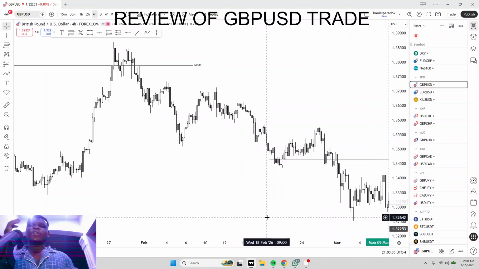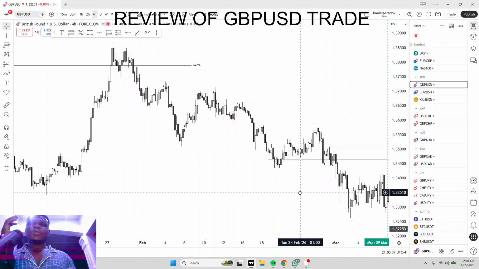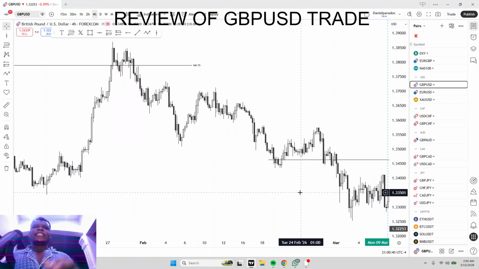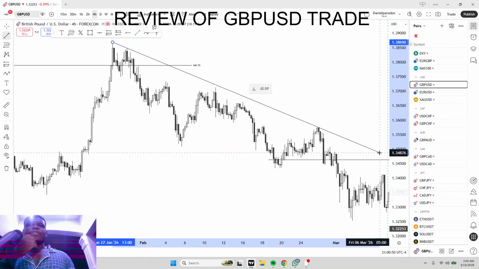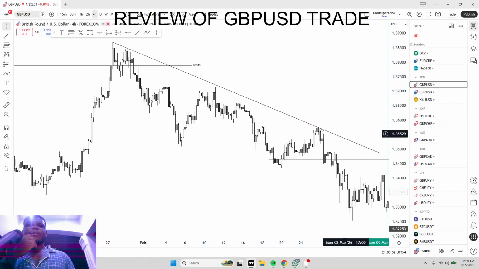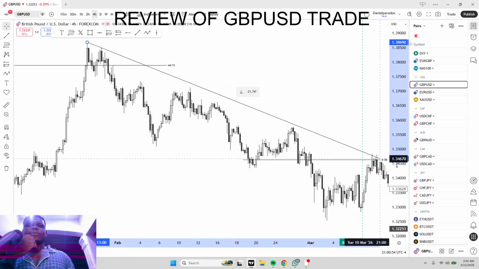So coming on Monday and you see something like this, what will you want to do? You identify this is a downtrend, so we are also looking for an opportunity to sell. So what I did was to apply a higher time frame trend line, which was like this.